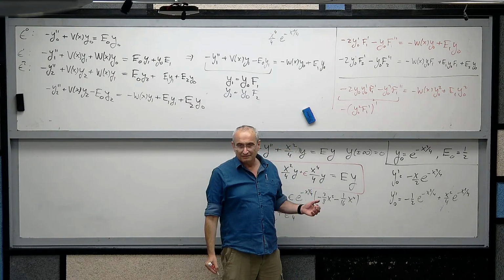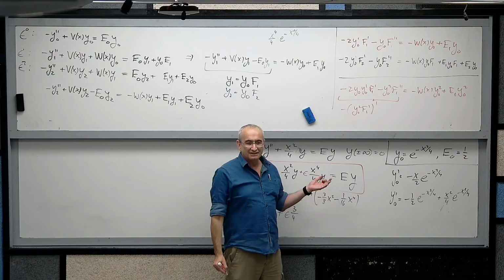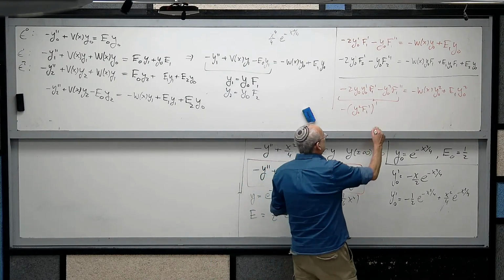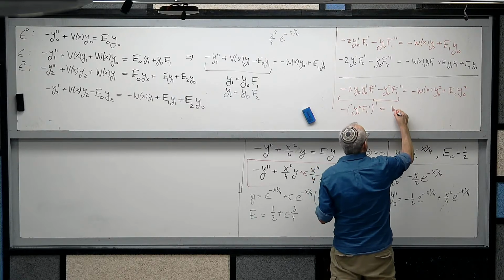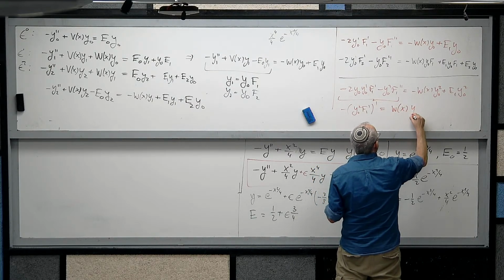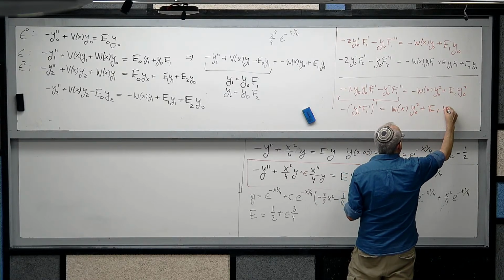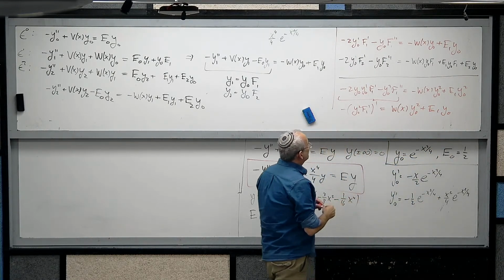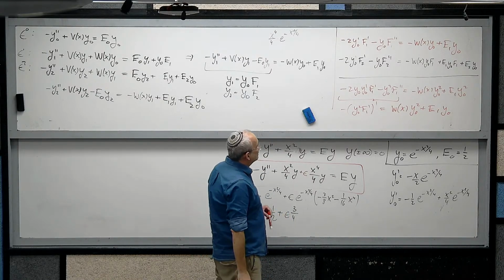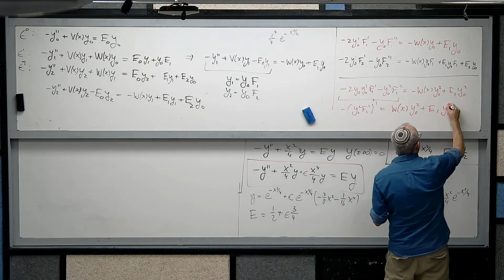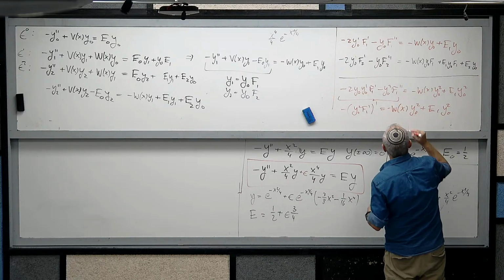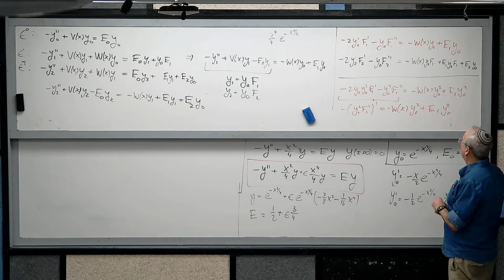Yes, you use y naught as an integration factor. And this is equal to minus w of x y naught squared plus e1 y naught squared.